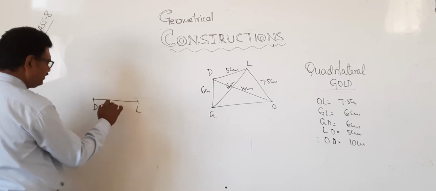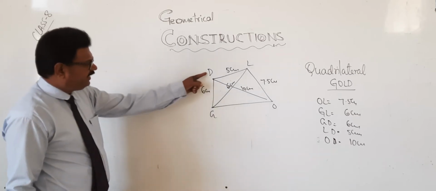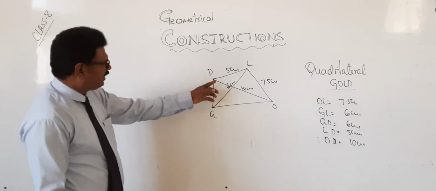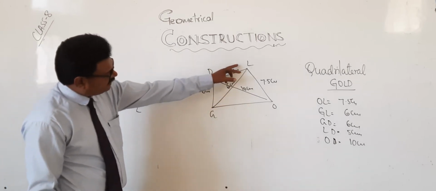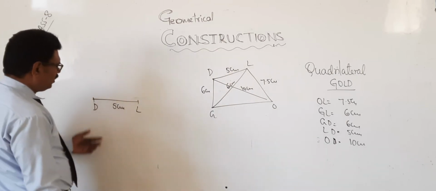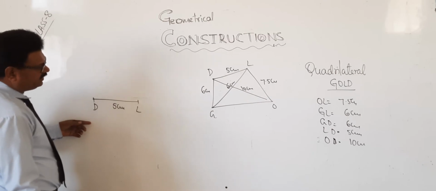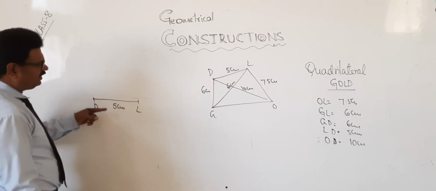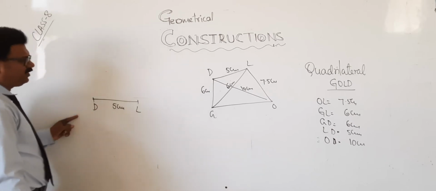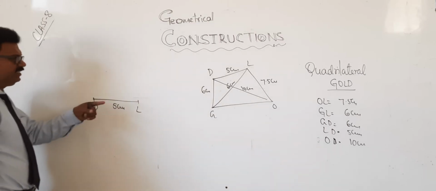How many centimeters? 5 centimeters. Then DG. How much is DG? 6 centimeters.